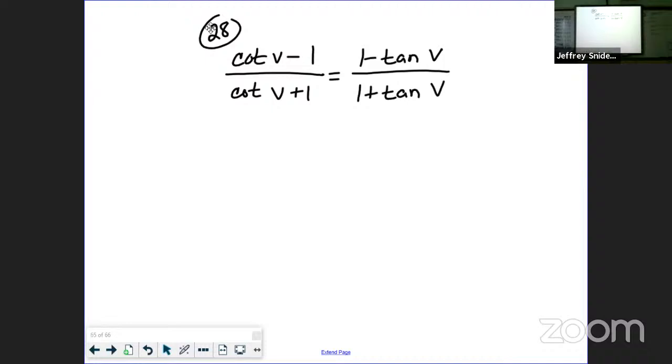This one looks like secant plus. Oh, remember? Minus. 1 minus. 1 plus. It's secant. Oh, but it's not. One minus. No, remember? Plus one is earlier. Right? Not cosine.